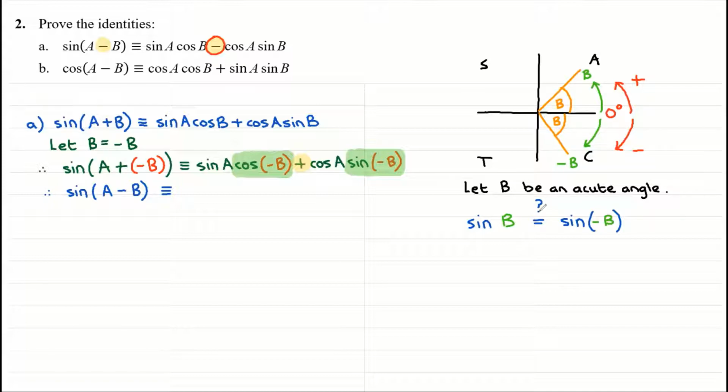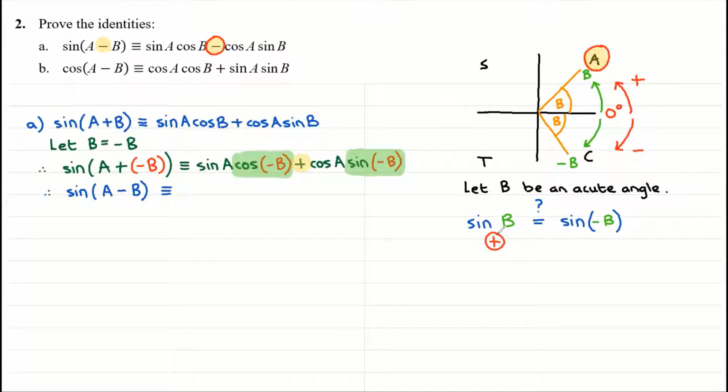But because we're dealing with trig functions and they have a periodic behavior, we know that all trig functions are positive in the A quadrants, okay? So the sine of B, as it stands, is a positive number, okay?